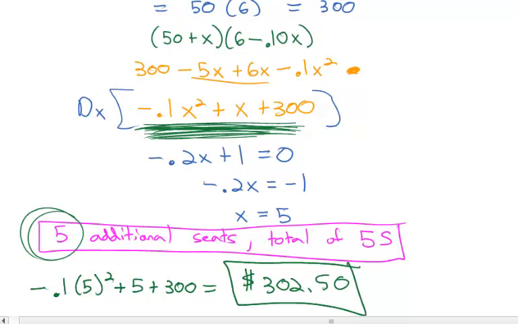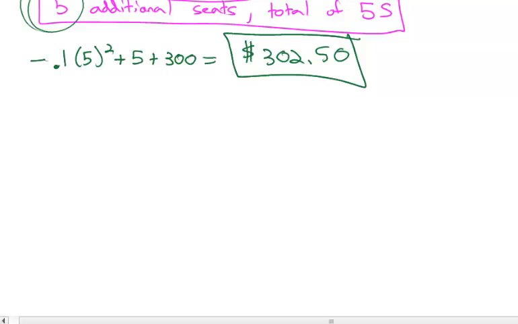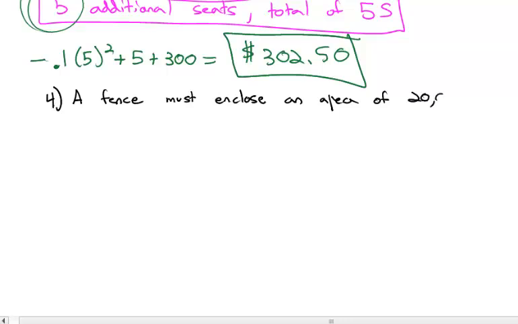Let's try another example. Number 4. Let's say a fence must enclose an area of 20,000 square feet.